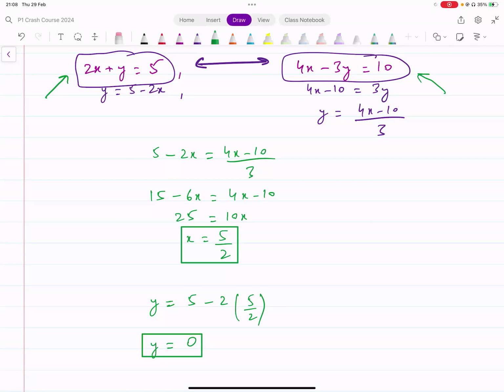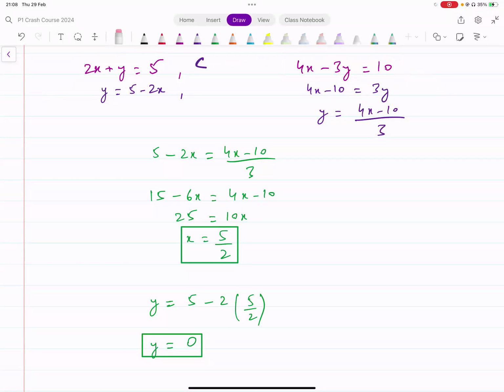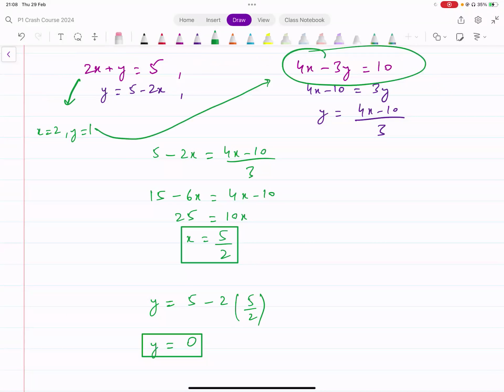There are no other possible values of x and y that would satisfy both the equations. You do have some values of x and y that satisfy one equation and not the other. For instance, the first equation could be satisfied if you input x equal to 2 and y equal to 1. But these values do not satisfy the other one.